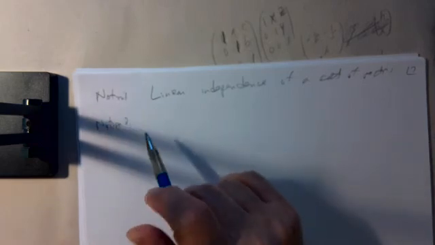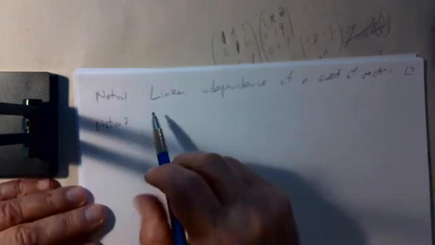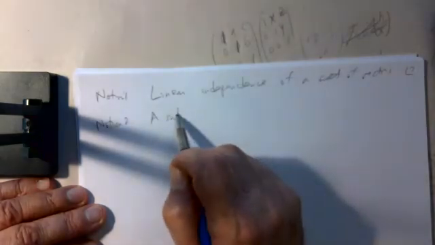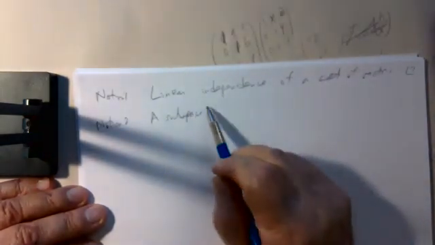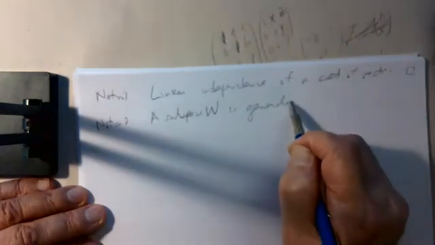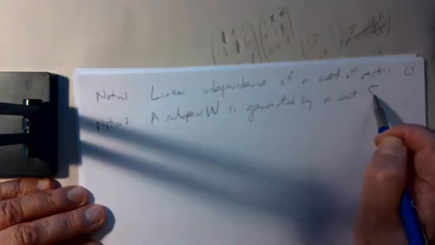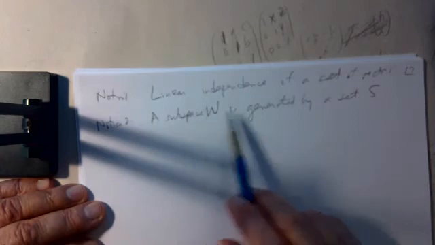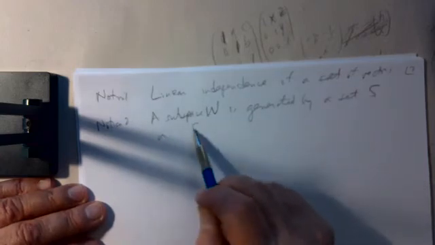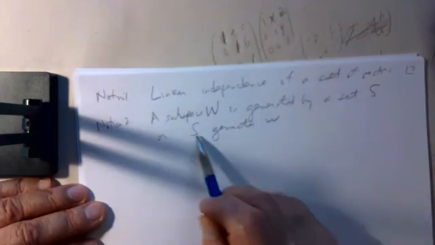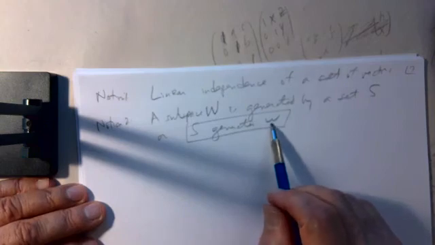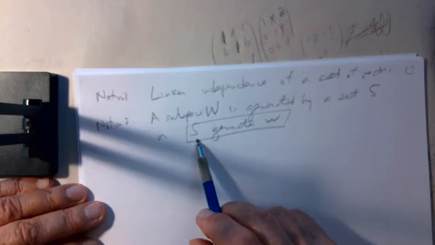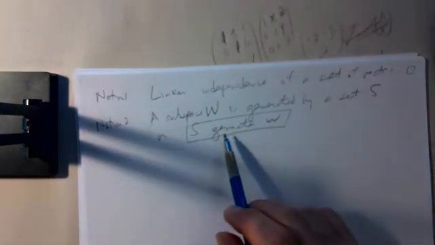And notion 2 is what it means to say that a subspace W is generated by a set S. To say that W is generated by S, or same thing, S generates W, means that W contains every linear combination of vectors in S, and every linear combination of vectors in S is in W. A set of vectors is linearly independent if the only linear combination of the vectors that gives you the 0 vector is the trivial linear combination where every vector is multiplied by 0.